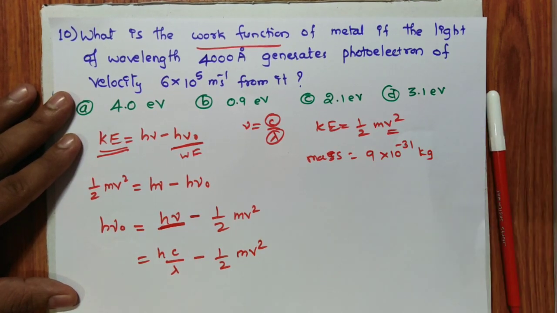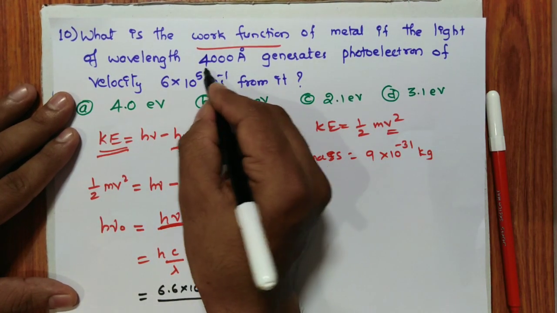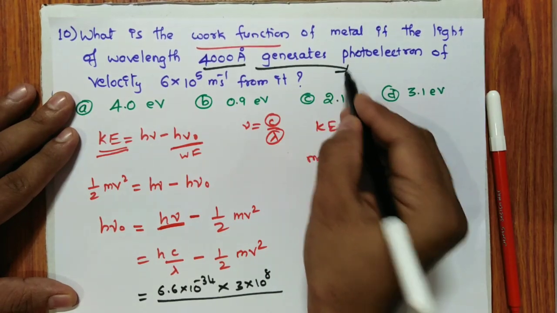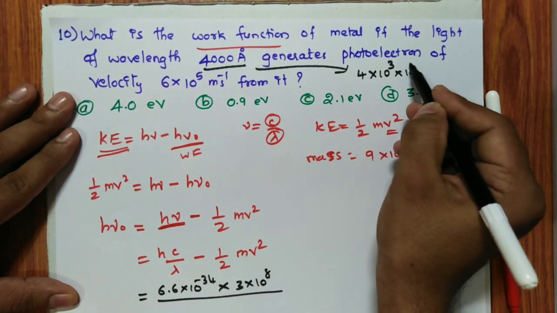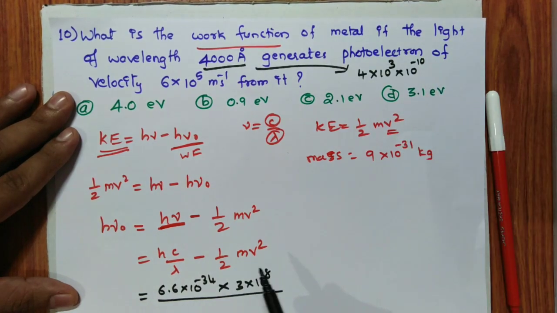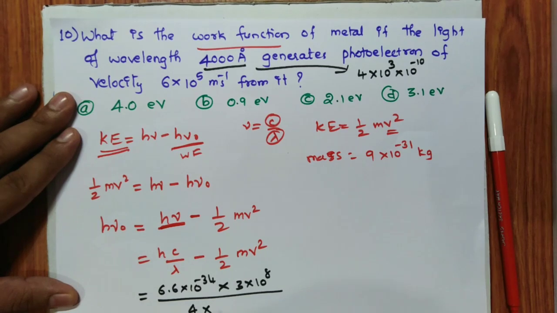Now we substitute all the values. h is 6.6 into 10 to the power minus 34, c value is 3 into 10 to the power 8, divided by lambda. Lambda value is how much? 4000 angstrom unit. I will write it as 4 into 10 to the power 3 into 10 to the power minus 10, so that is 4 into 10 to the power minus 7.